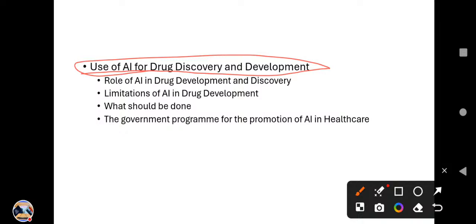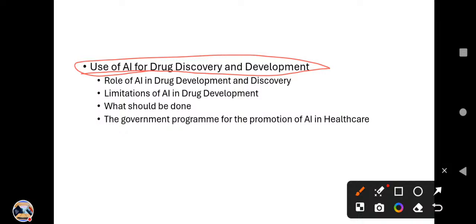So we will study how artificial intelligence can be used for drug discovery and its development, because this high technology would transform various sectors through its precision and well developed technology.